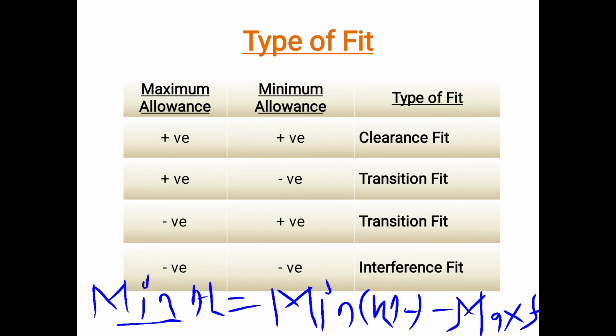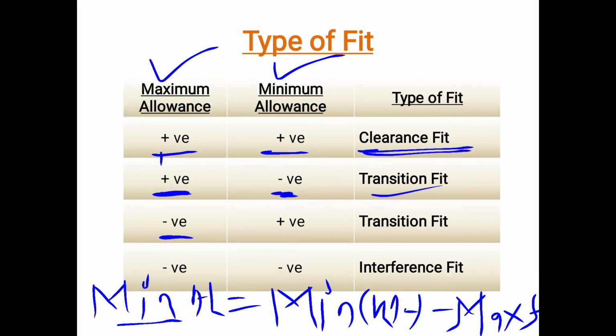Okay, put these dimensions, then you will get maximum allowance and minimum allowance. If maximum allowance is positive and also minimum allowance is positive, then there is always clearance fit. If maximum allowance is positive and minimum allowance is negative, then there is transition fit. Maximum allowance negative and minimum allowance positive, then there is also a transition fit. And if both are negative, then there will be interference fit.